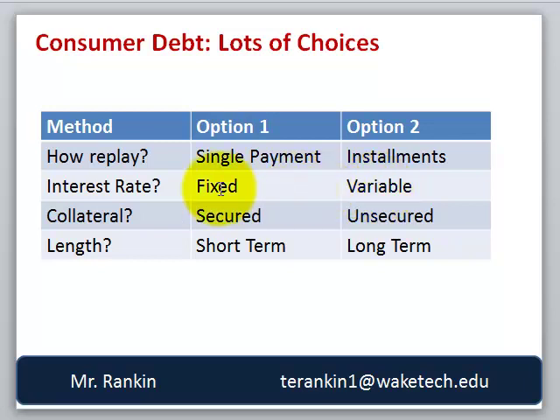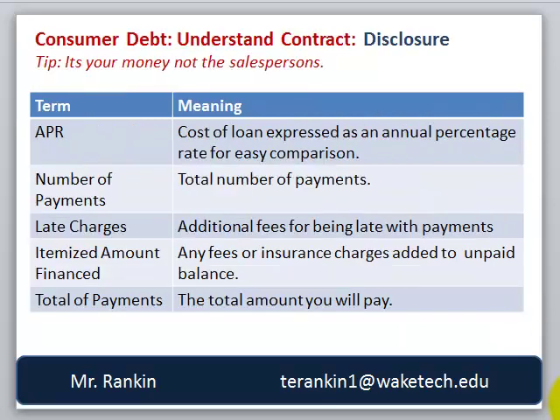So you need to choose whether you want a fixed or variable. Oftentimes you're choosing between whether you want a secured loan, i.e. there's an asset supporting the loan like an auto loan. You're putting up the car. If you don't pay, they repossess it, versus an unsecured loan, typical example being a credit card loan. And the last choice is it going to be a short-term loan or a long-term loan? Sometimes loans are as short as months, sometimes they're as long as 30 years for homes.